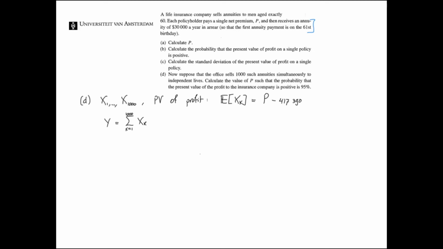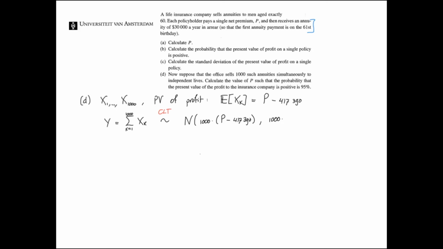So y, a new random variable, is the sum of all these xk's, and by the central limit theorem, we know that y will approximately have a normal distribution with the mean being equal to 1,000 times the mean of x, and the variance also being 1,000 times the variance of x.